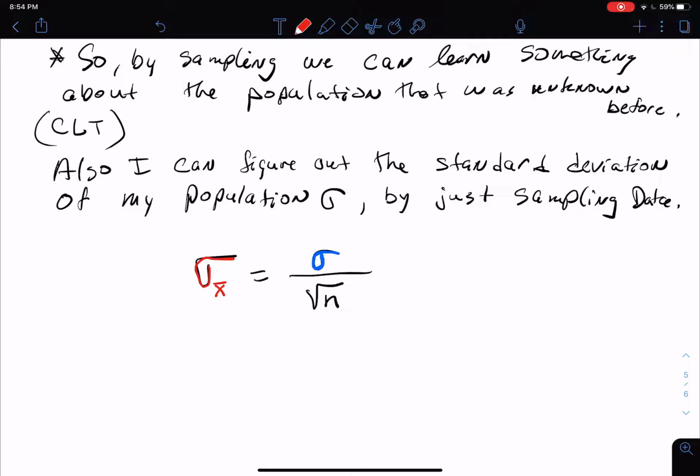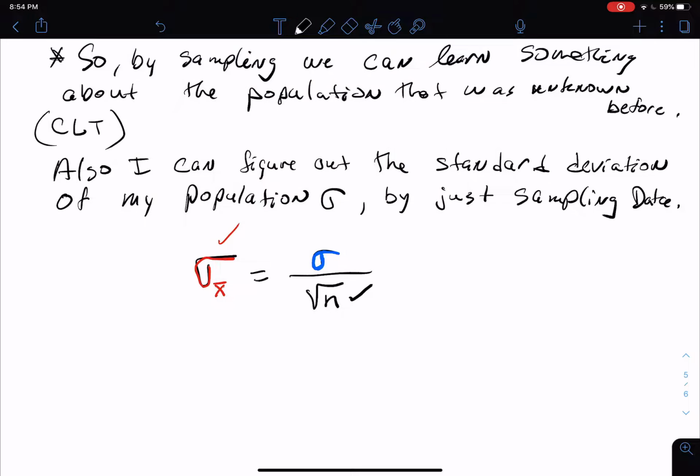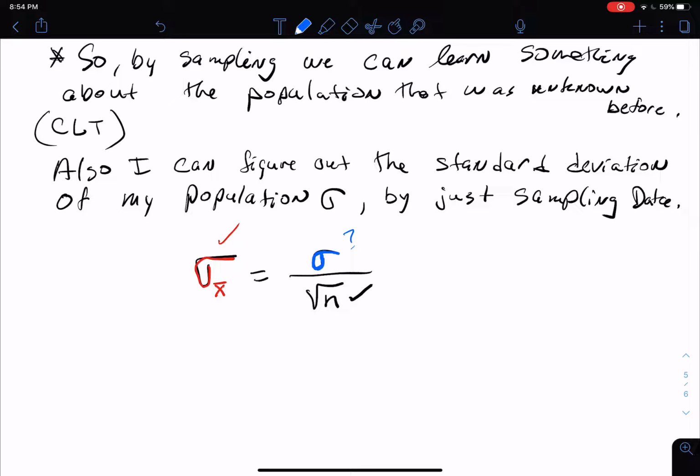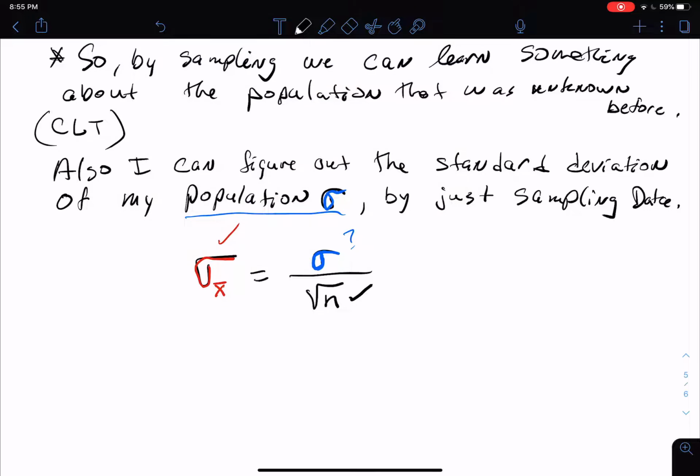And you would know your sample size, and the square root of the sample size is a known number. If sigma is the thing you're looking for, you just mathematically isolate the sigma. So you could actually find the standard deviation of the population just by using sample data. That's kind of one of the big points of the central limit theorem.